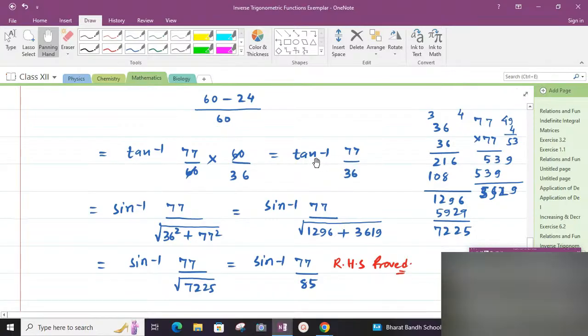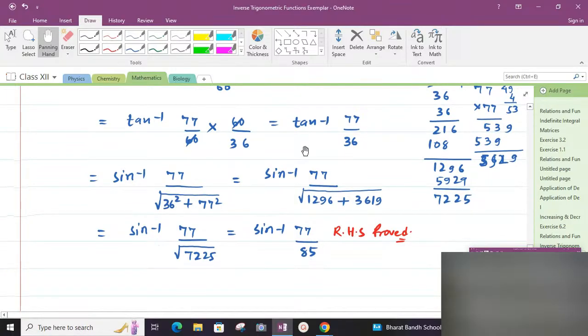Now we convert this tan inverse into sine inverse. We know that tan is p by b and sine is p by h. So we write down instead of p 77 and h will be root of p square plus b square.